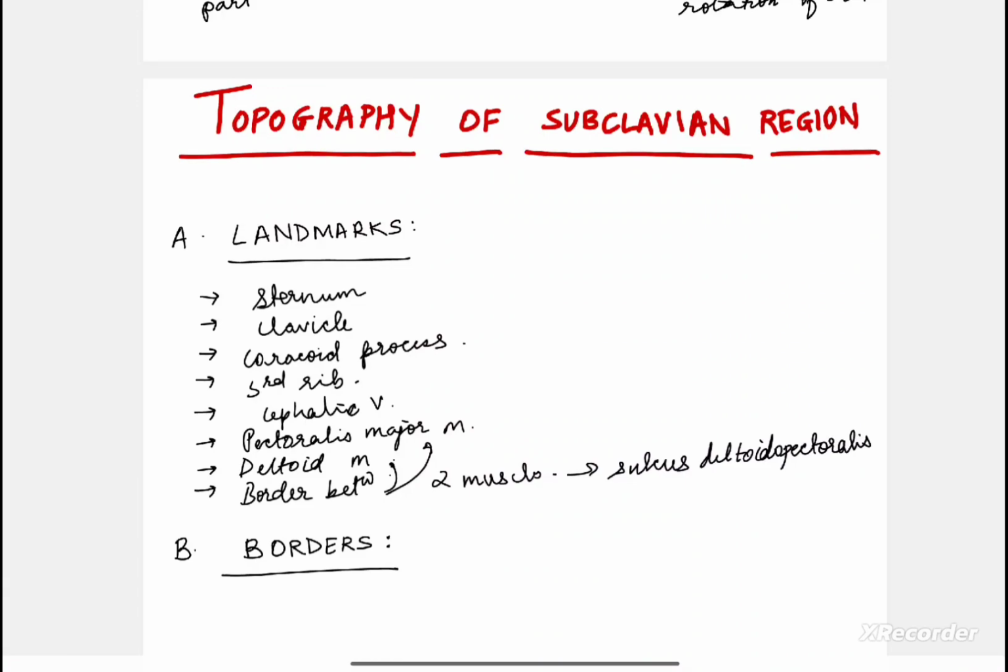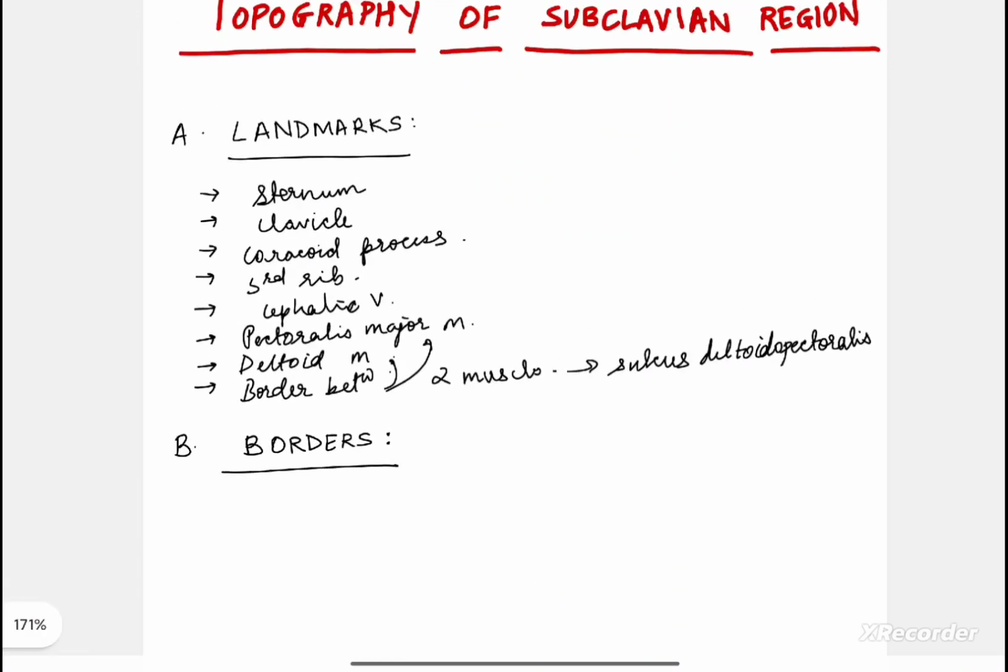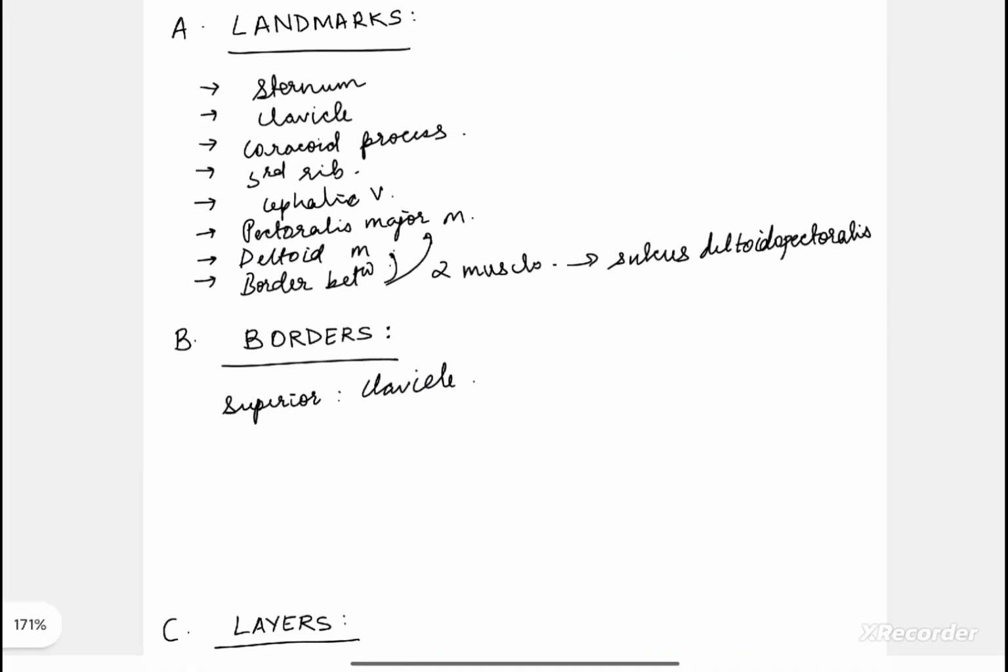Okay. Now we move on to the borders of this subclavian region. Superior border, there is the clavicle. Okay. Inferiorly, if we draw a horizontal line through the third rib, which is in men, and in women, the upper margin of the mammary gland.